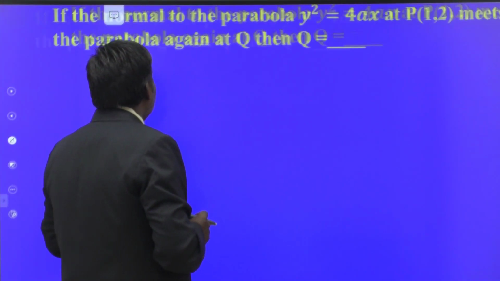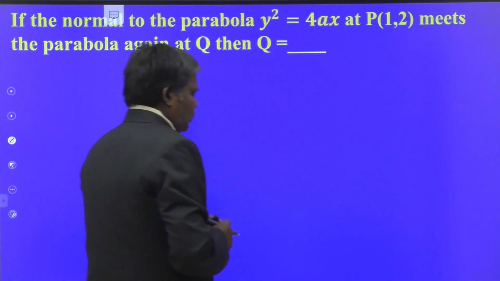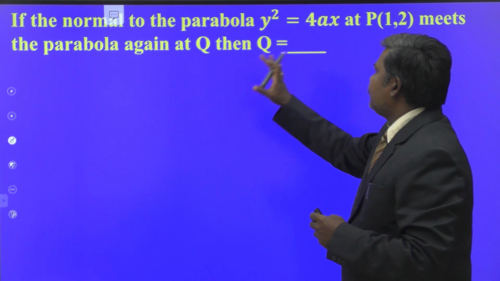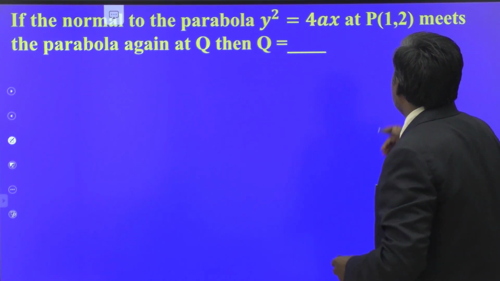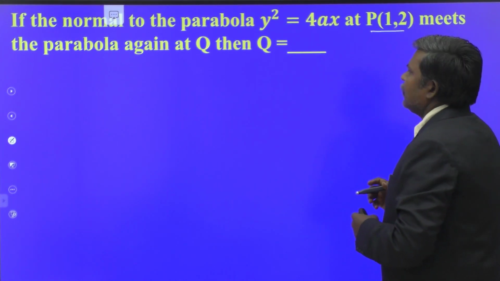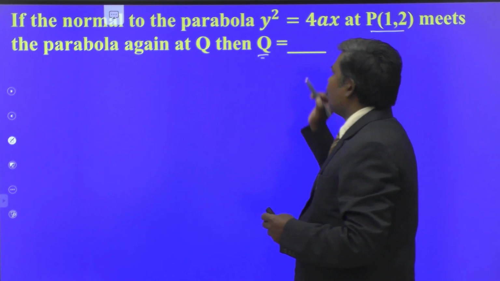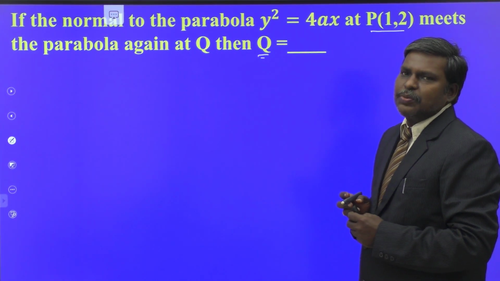Next one. Question, see here. If the normal to the parabola y² = 4ax at (1, 2) meets the parabola again at Q, then what are the coordinates of Q? Very simple problem.